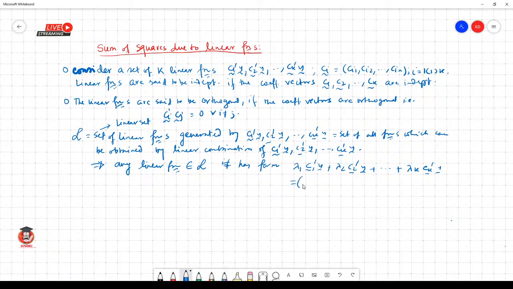So this is equal to this. Next definition.